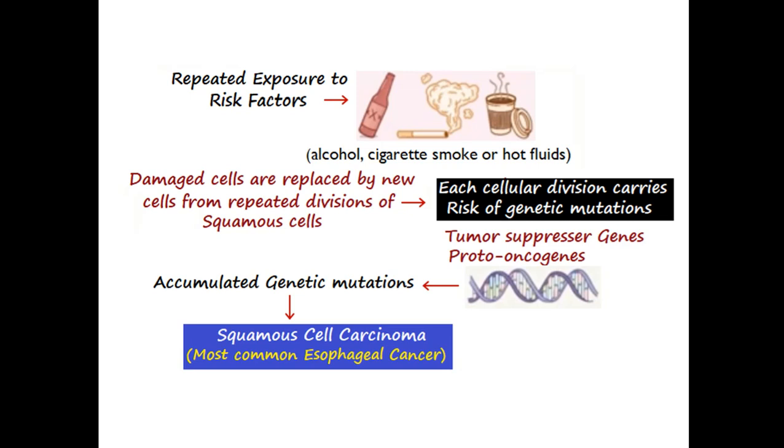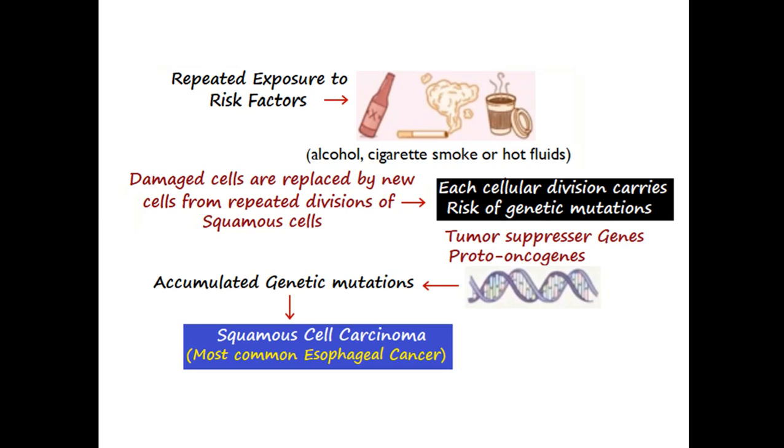each cellular division carries a risk of genetic mutations, particularly in the tumor suppressor genes and the proto-oncogenes. The tumor suppressor gene, if we recall the cell cycle, will inhibit the mitotic division of cells with mutations in their DNA, right? And it will also push cells with irreparable DNA damage and mutation to apoptotic cell death.